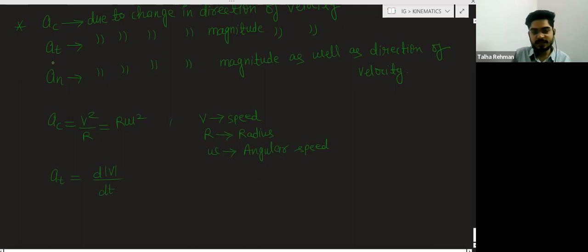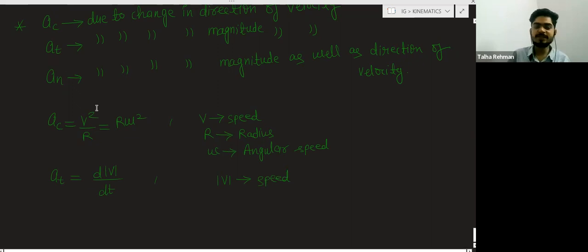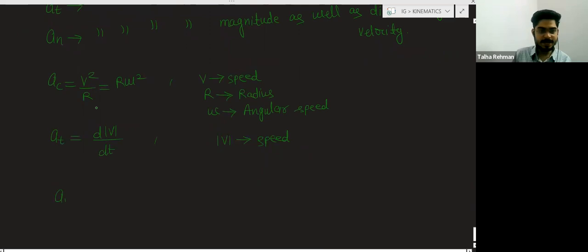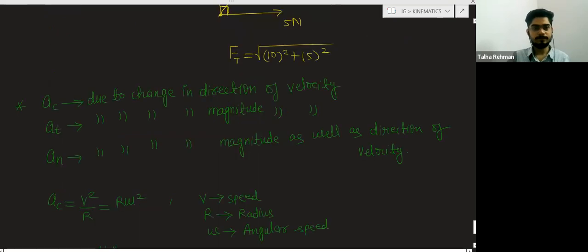What is v? V is also speed. Net acceleration at any point is given by the square root of the square of centripetal acceleration plus the square of tangential acceleration. Okay, note this down.